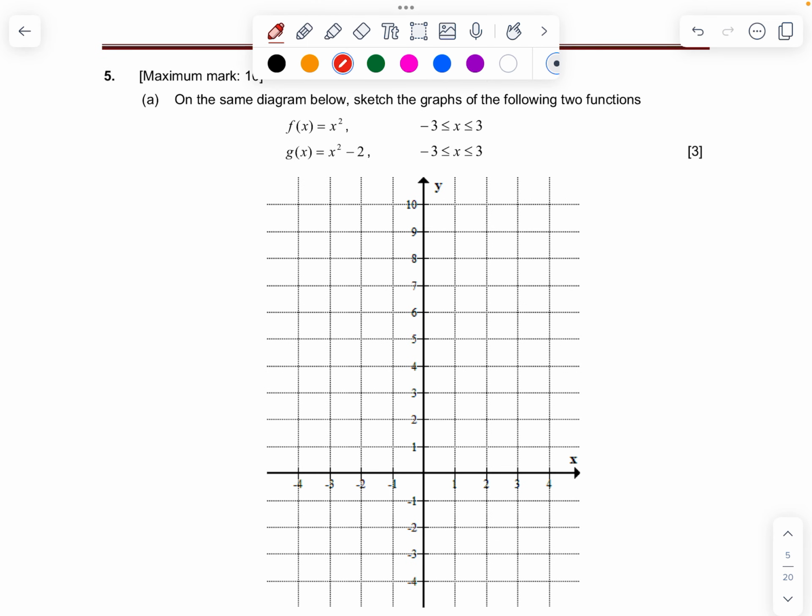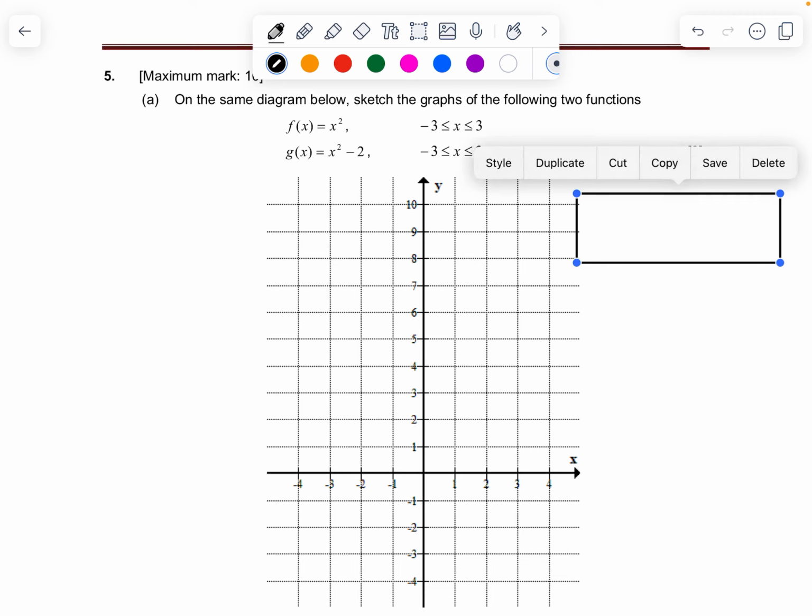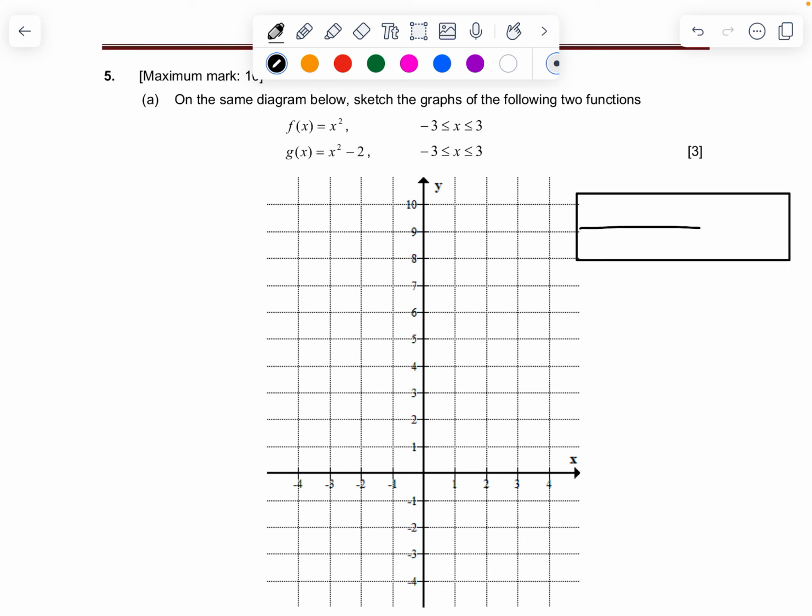On the same graph, sketch the graphs y equals f of x equals x squared and x squared minus 2. So what am I going to do? I am going to draw again a table of values between -3, -2, -1, then 0, 1, 2 and 3.